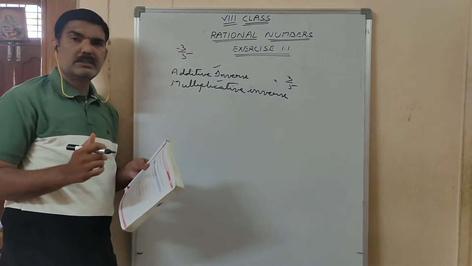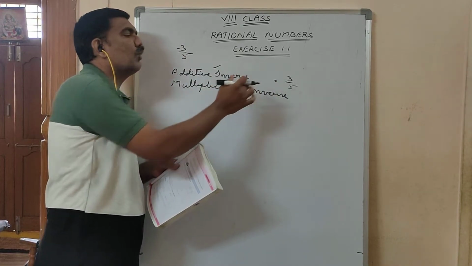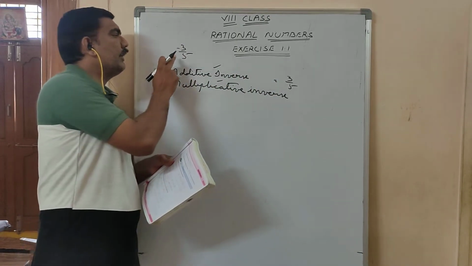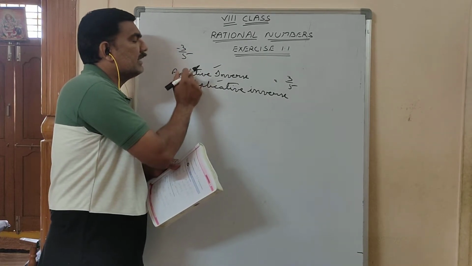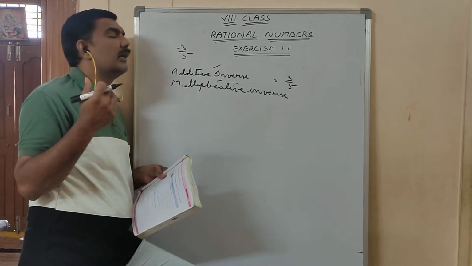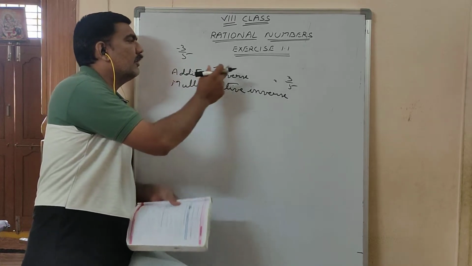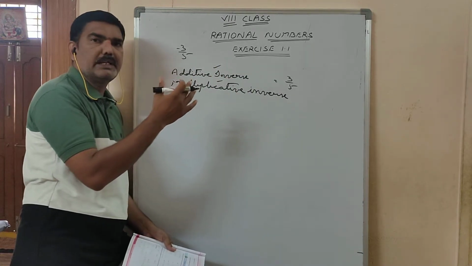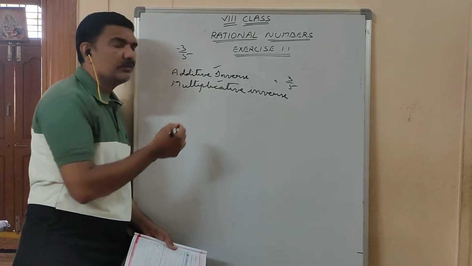So the additive inverse of minus 3 by 5 is 3 by 5. When you add a number with its additive inverse, you should get the sum as the additive identity, that is 0. So minus 3 by 5 plus 3 by 5, how much will you get? 0.